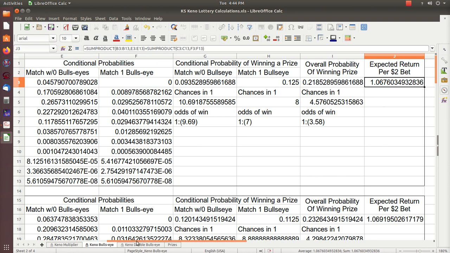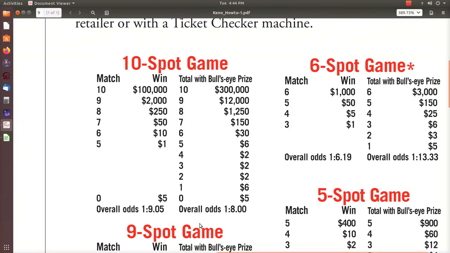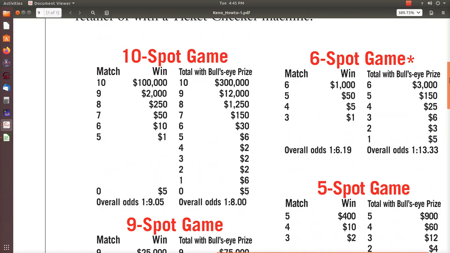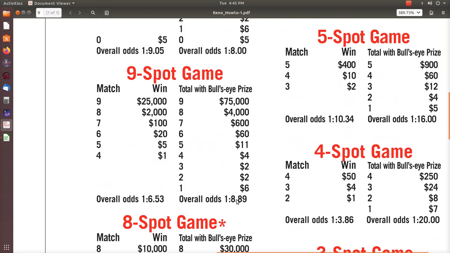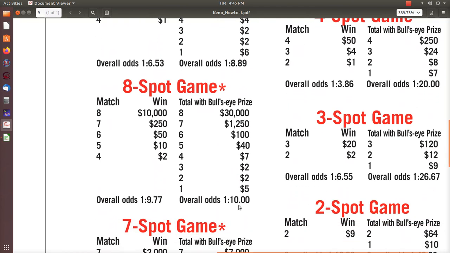Okay. Now, when we look at the brochures, first of all, it says odds, and let's just look at the first column on a few of those. It says odds, and they really should say chances in 1, because that's your chances in 1 of winning Keno Bullseye. But all these numbers here in the bullseye column, those numbers are the chances in 1 of winning Keno Bullseye and matching the bullseye.